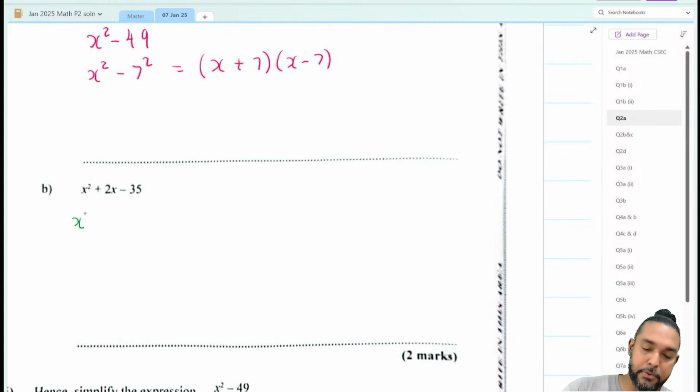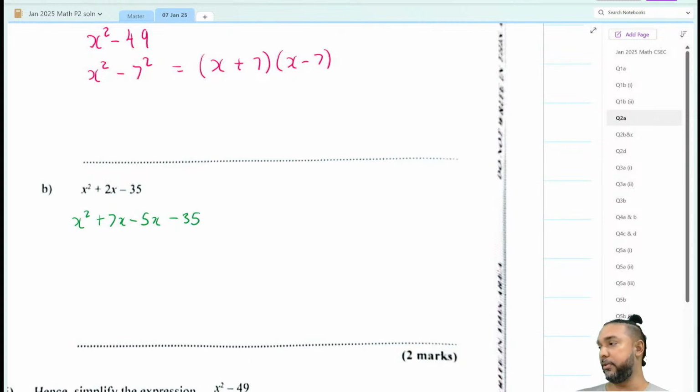So we're gonna split that 2x into plus 7x minus 5x, because 7 minus 5 is 2, and 7 by minus 5 is minus 35. Those two numbers pull double duty. They have to add together to give you the coefficient of x in the middle, and multiply to give you the constant at the back, again assuming the coefficient is 1.